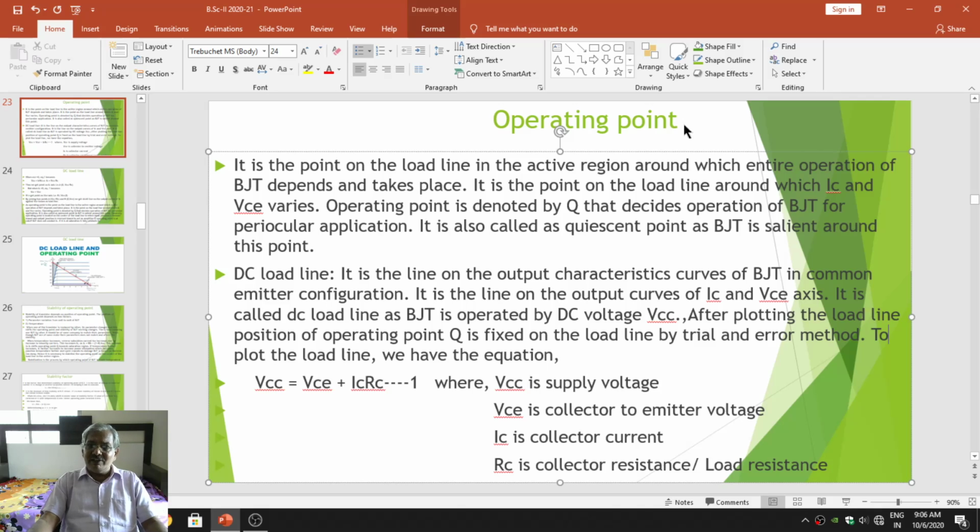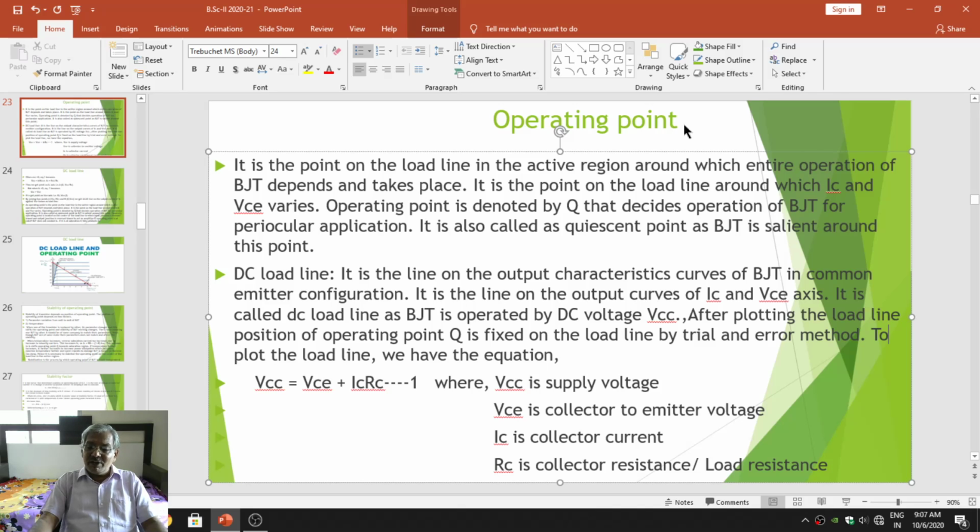We can also define operating point in another way, and that is it is a point on the load line around which the operation of the transistor is silent. Because of this particular aspect, sometimes the operating point is called the quiescent point.